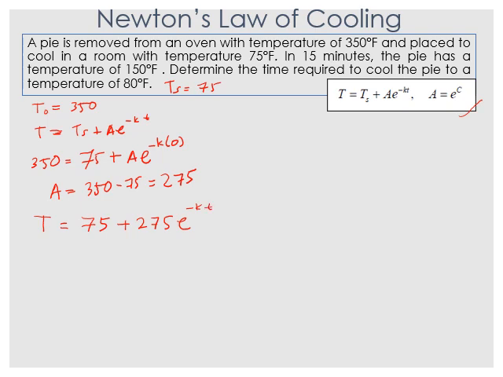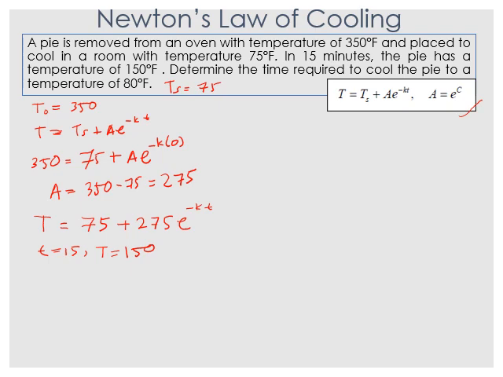Now our problem is to find the K. What is the K? We use another information that we have: the time is 15, the temperature is 150. In 15 minutes, the temperature becomes 150.